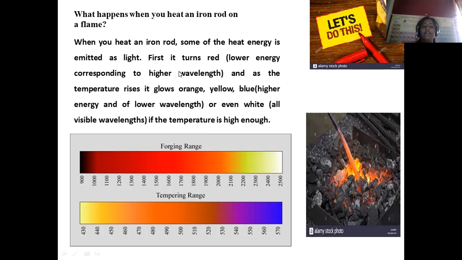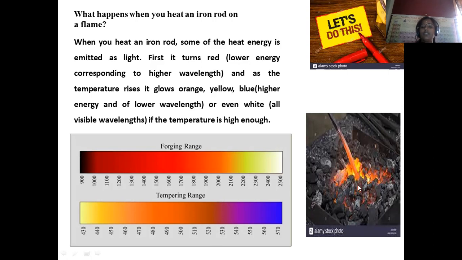First, when heat is applied, it turns a red color, and later changes into orange followed by yellow, and then blue appears. As the temperature changes, how the color change is observed can be represented on this temperature range scale, right? So this is about red hot.